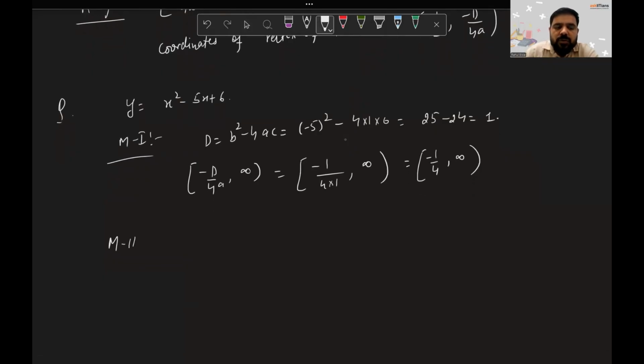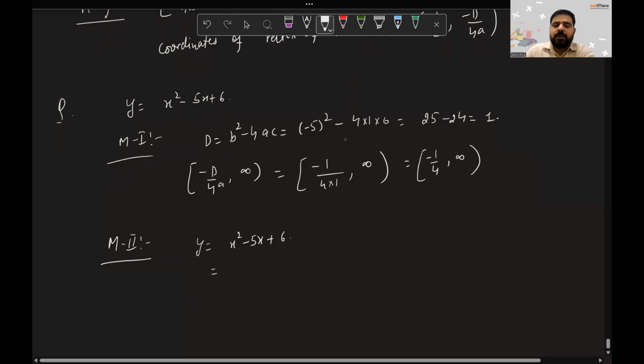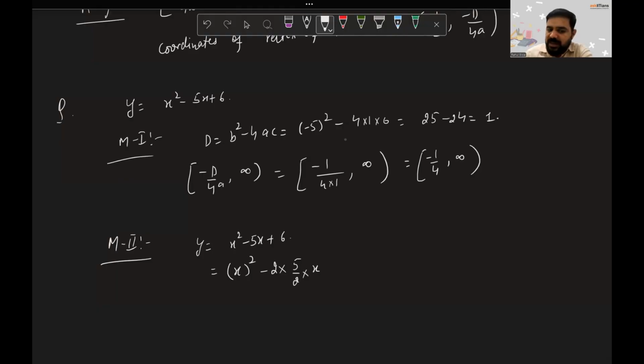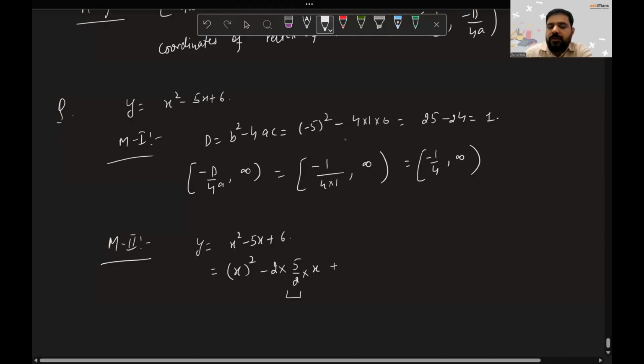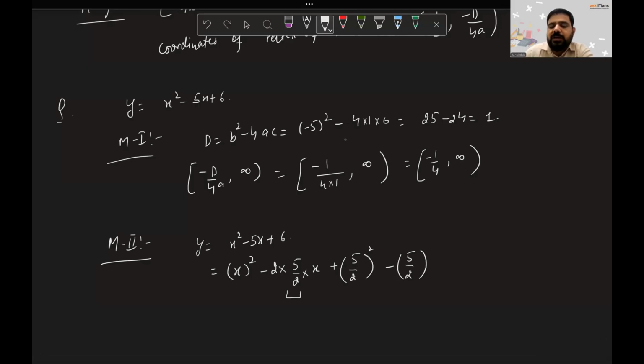If I try to do this using the completing the square method, so I have y equals x square minus 5x plus 6. Okay, this can be written as x whole square minus, I'll be writing this as 2 into something into x. You can see here, this 2 and 2 will get cancelled and we'll be having just minus 5x once again. Now, whatever quantity we have received here, we will add its square and subtract its square to get the final answer.